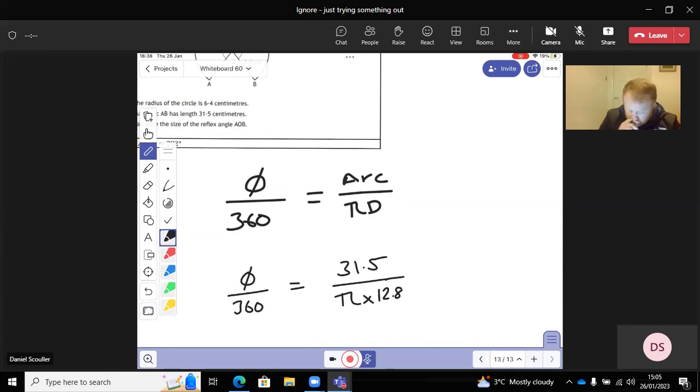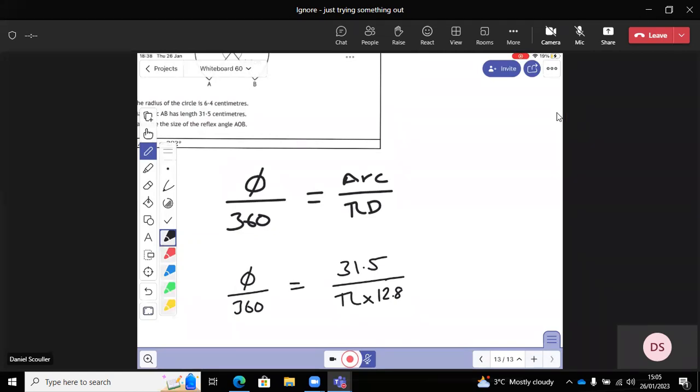If you don't write that out, sorry, someone's just dropping in and out. If you don't write that 6.4 times 2 out in the exam, you won't lose a mark, all right?